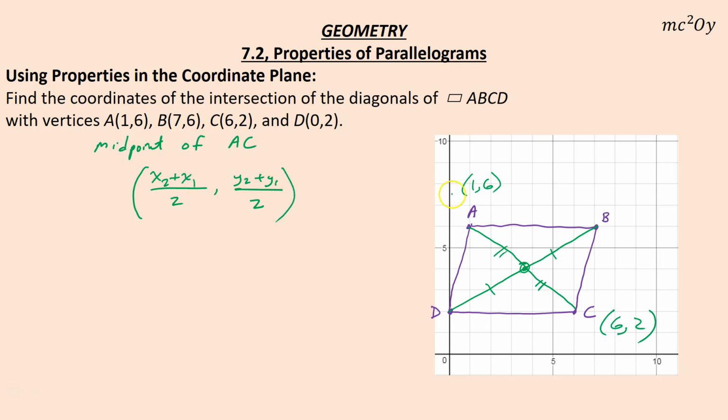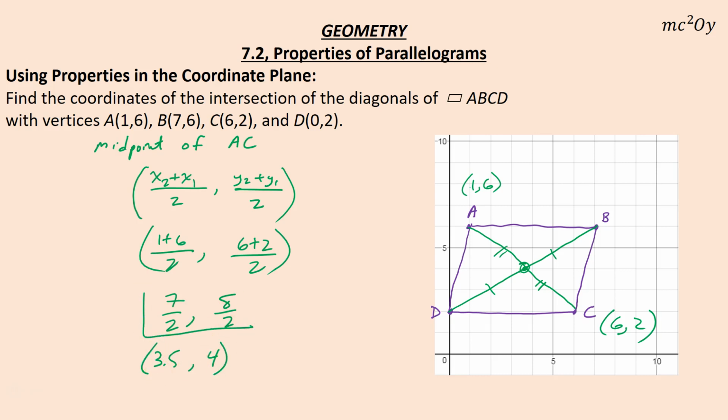Okay, so my x coordinates put together, 1 plus 6 over 2, and then my y coordinates added up, 6 plus 2, divided by 2. So the average of your x's, the average of your y's really is what you're looking at. So that is 7 over 2 and 8 over 2, also known as 3.5, comma 4. That would be the point of intersection there.